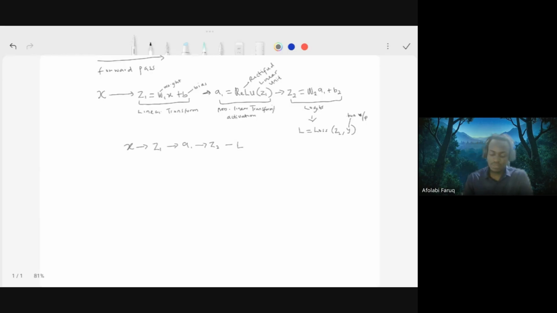So this is the forward pass. I think it's important for us to talk about the backward propagation. So how does backward propagation work?